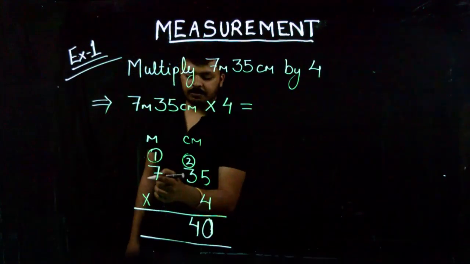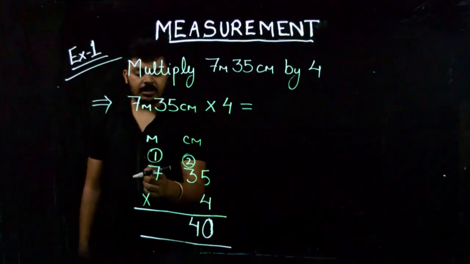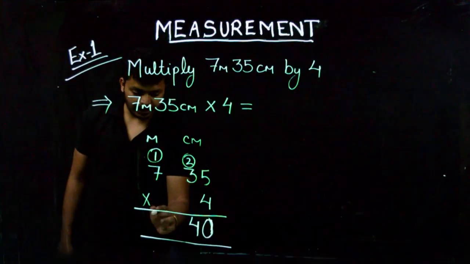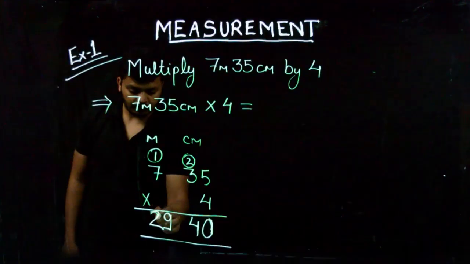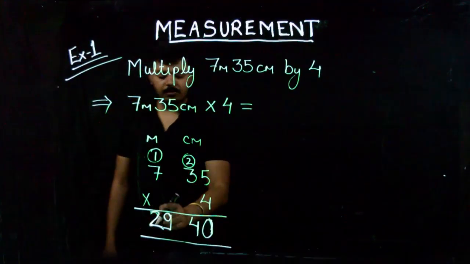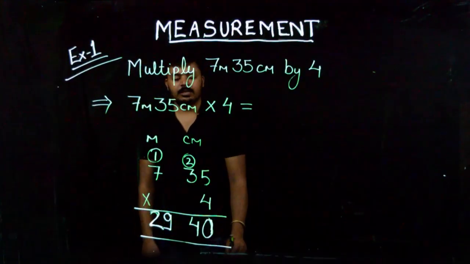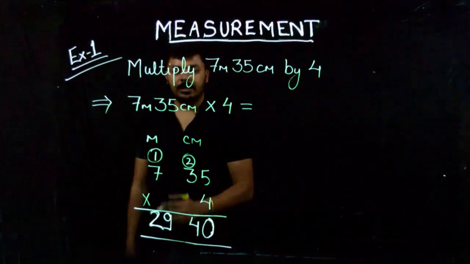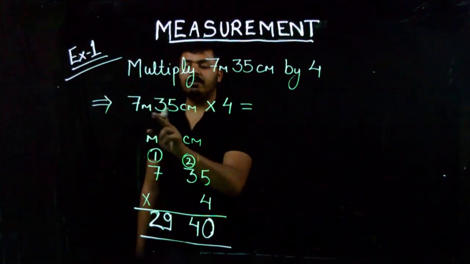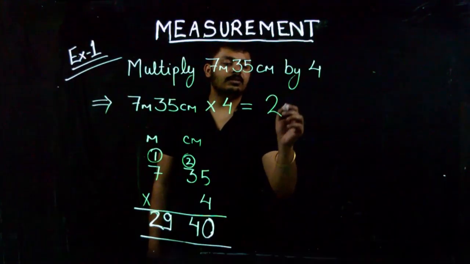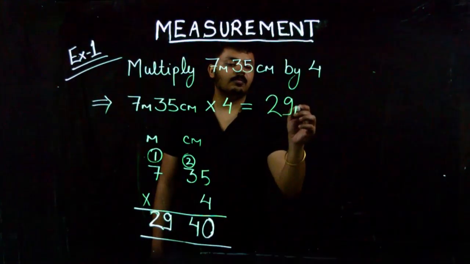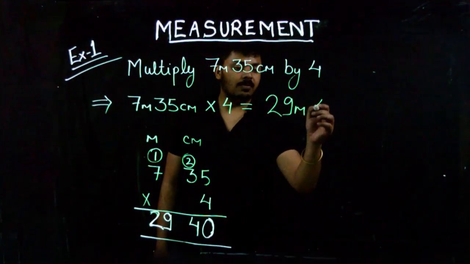So 4 multiplied by 7 is 28 and 28 plus 1 is 29. So it becomes 29 meter and 40 centimeter. So we can say when we multiplied 7 meter 35 centimeter by 4, we get our answer as 29 meter and 40 centimeter.